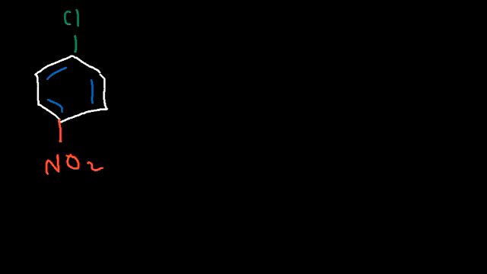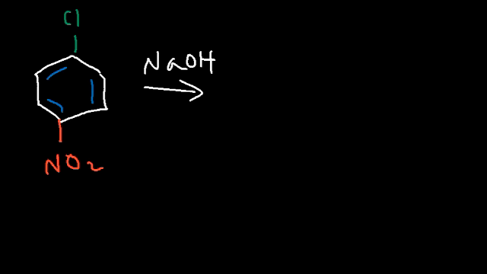Now, it turns out that there's another nucleophilic aromatic substitution reaction. And typically, this is the one that goes through the Meisenheimer complex. And for this to work, you usually need a very powerful electron withdrawing group, like a nitro group. And so we can use a weaker nucleophile like sodium hydroxide to make this work.